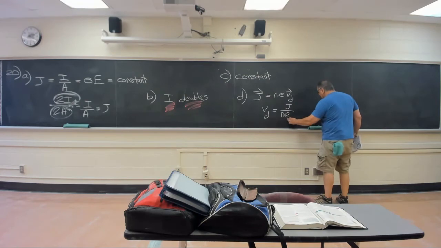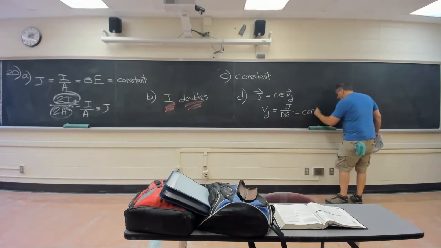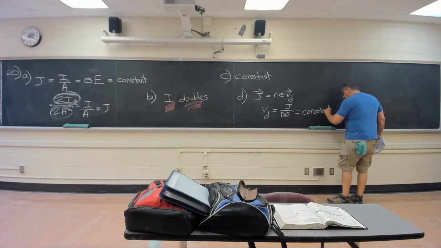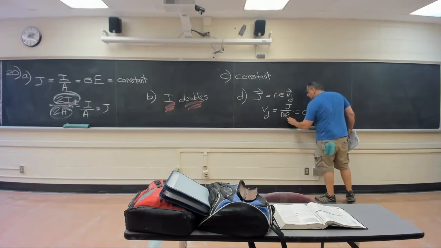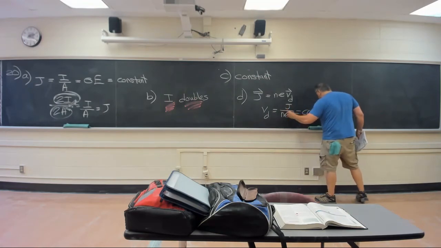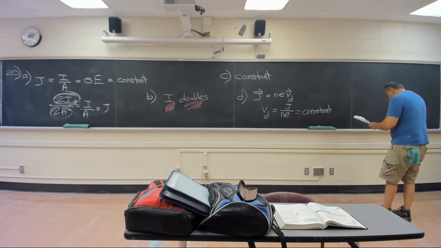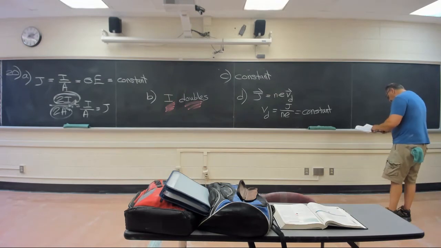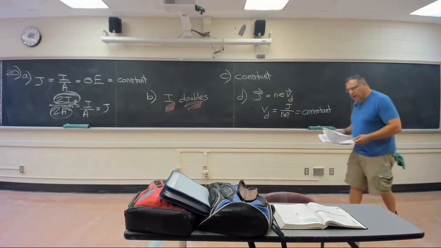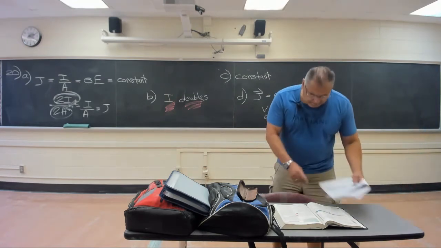Constant, constant, constant. It's nothing other than a constant. That's all it can be. The product of constants is a constant, divided into a constant is a constant. Everything on the right-hand side of these circumstances is a constant. Okay? That's problem number 20.